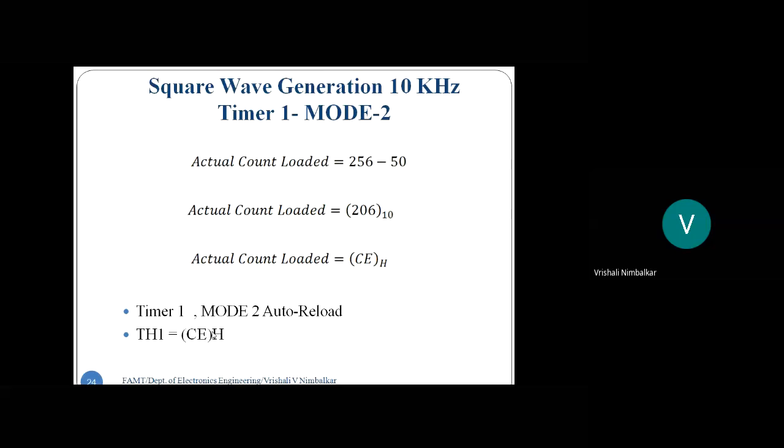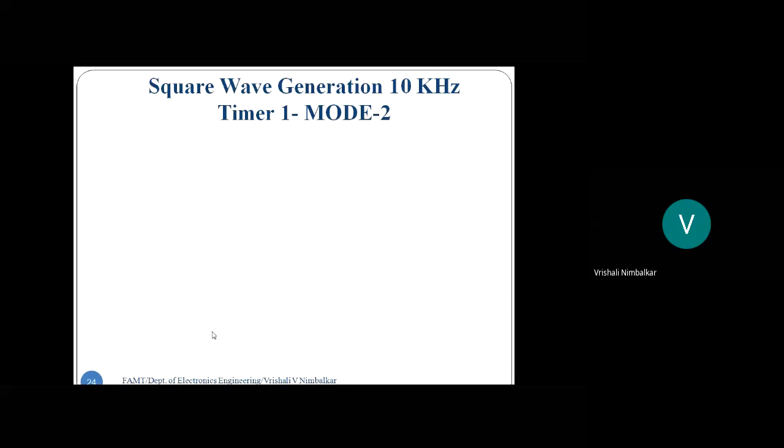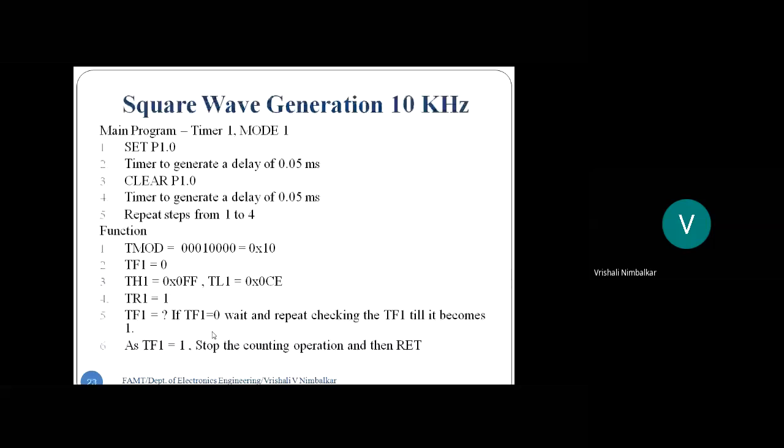Whereas in mode 1, students, the count that we loaded, what was that count? FFCE. After FFCE it goes on +1 +1, and when it becomes FFFF, it rolls over to 0000 back.